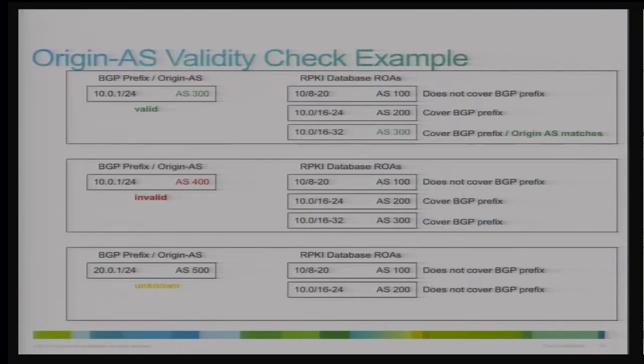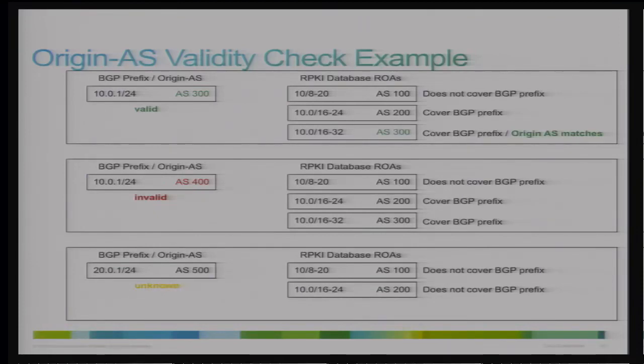So let's look at what happens. On the right side is the RPKI database. Let's say the first example is a database that has 10/8 up to /20. Even though 10 is a private IP address, this is just an example.